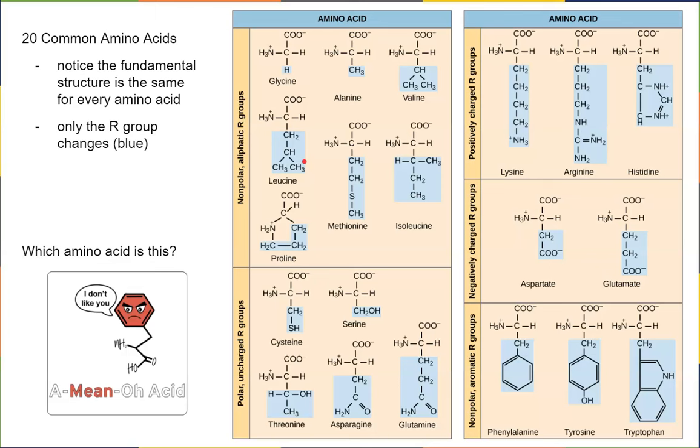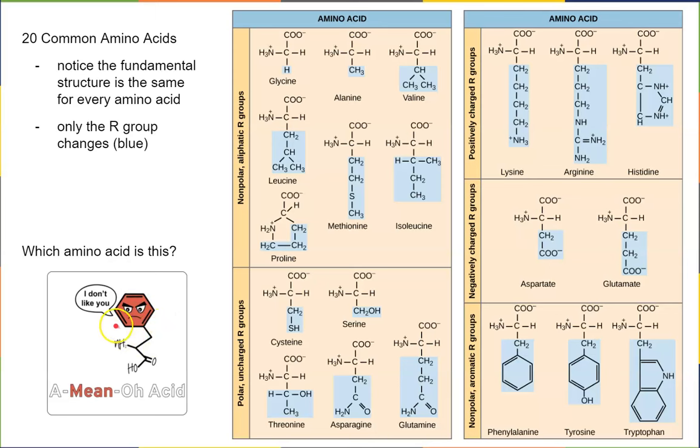Okay, let's see. Which amino acid is this guy here? So this part is the COOH. That's our nitrogen group there. And this, where my red dot is, is the central carbon. So this bend and then this ring is the amino acid.